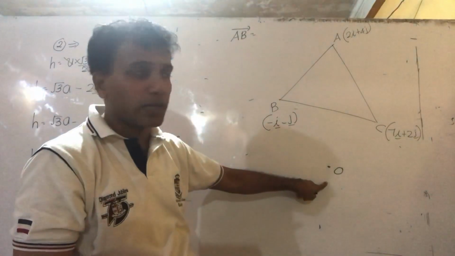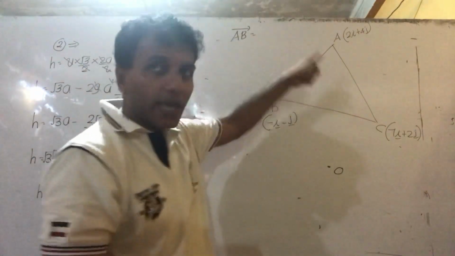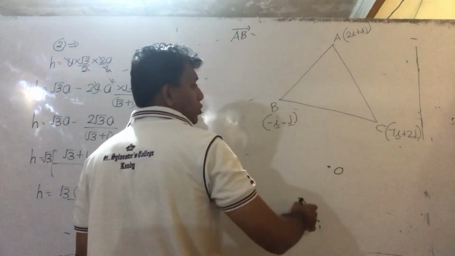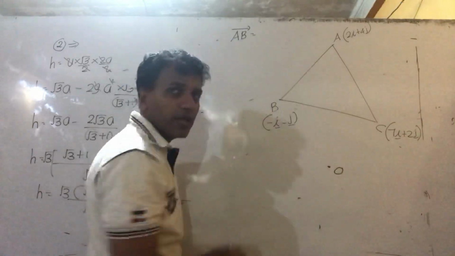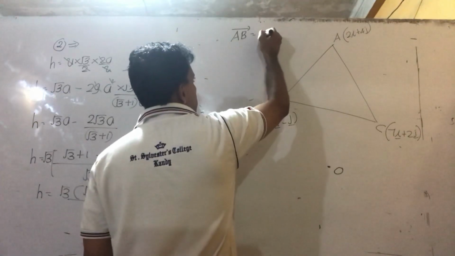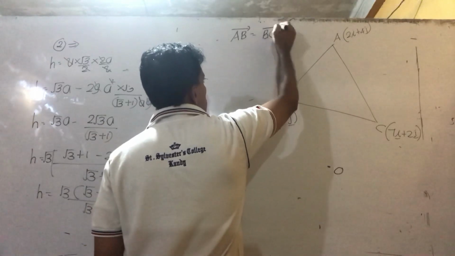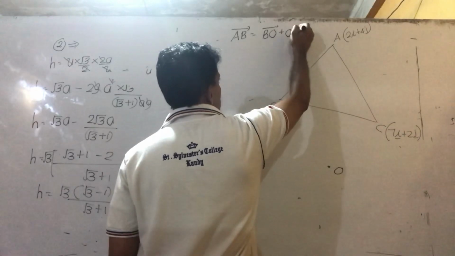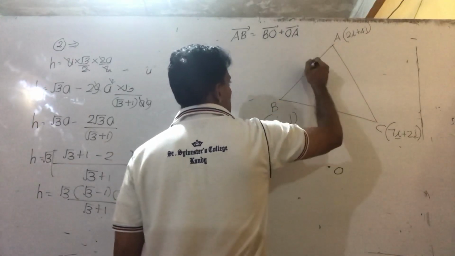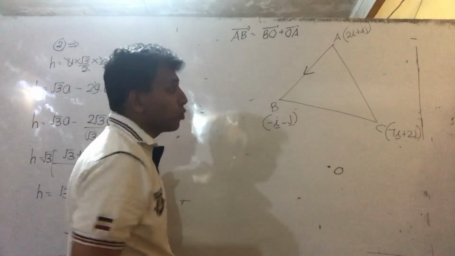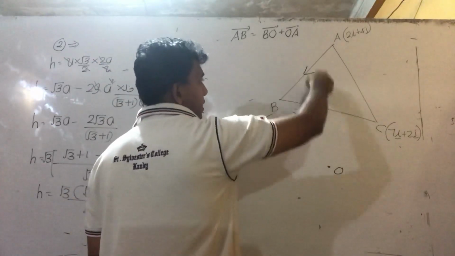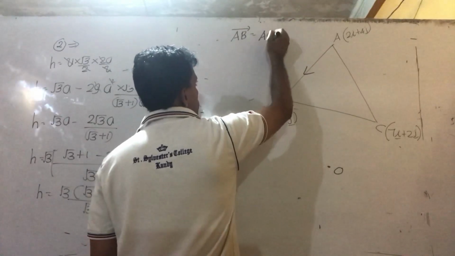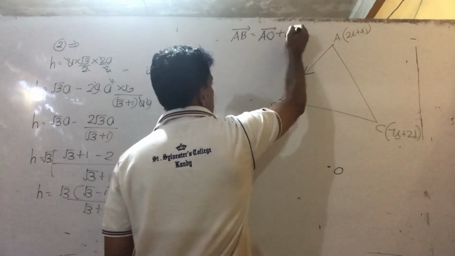Somewhere the origin is available. So if you complete the triangle OAB, then you can write the AB vector equal to AO plus OB.